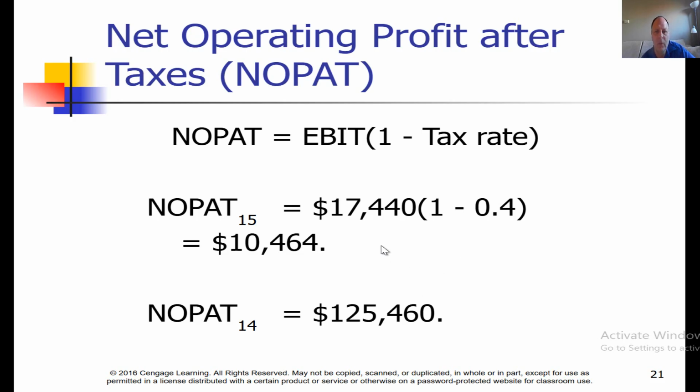In 2015, our EBIT was 17,440 times 1 minus the 40% corporate tax rate, which again is now somewhat lower since Trump cut corporate taxes, to get NOPAT in 2015 of 10,464. Identically, we would calculate NOPAT in 2014 as 125,460. So NOPAT has gone down drastically, again due to the expansion.